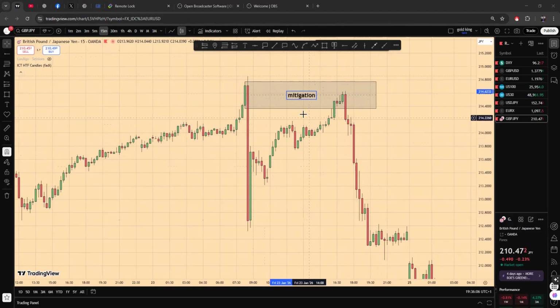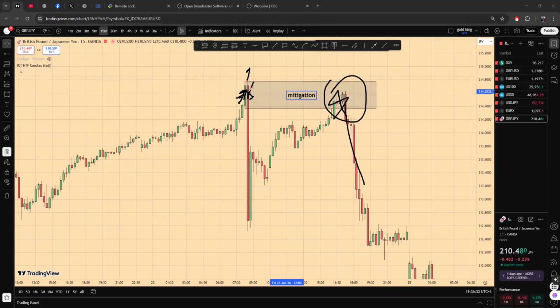So we notice this movement, that this is what the institutions are doing, and this is where we wait for them. When they are coming back to mitigate their orders, we enter. Remember, it will be very difficult for you to know that they were buying here and wanted to sell on this one, because you don't know if they're buying here and they'll keep buying.